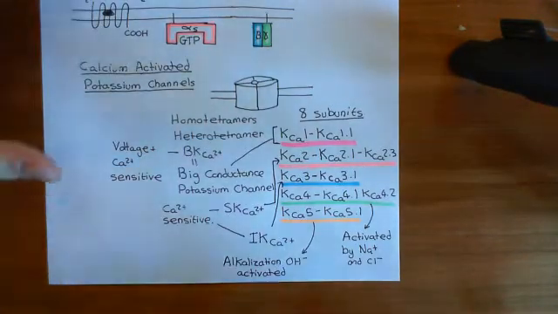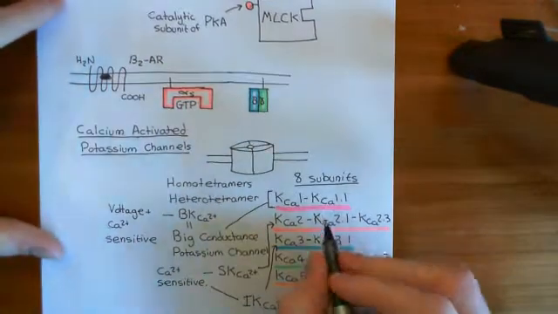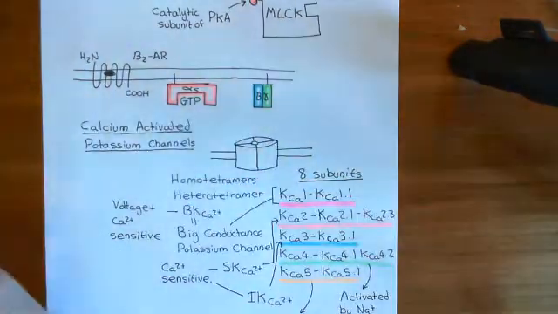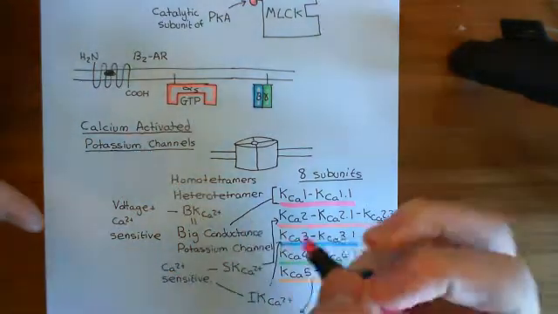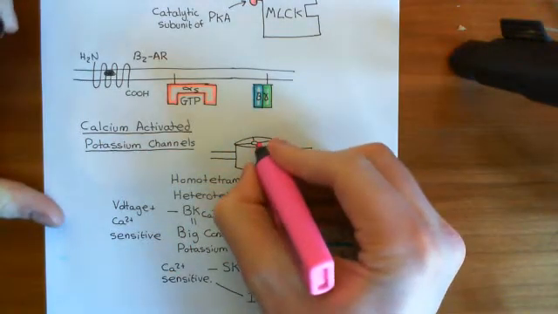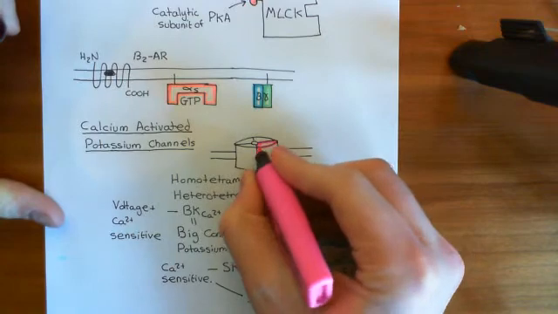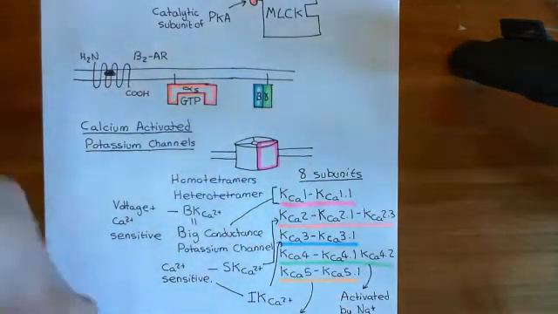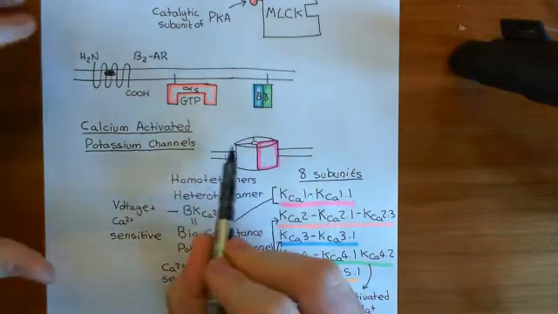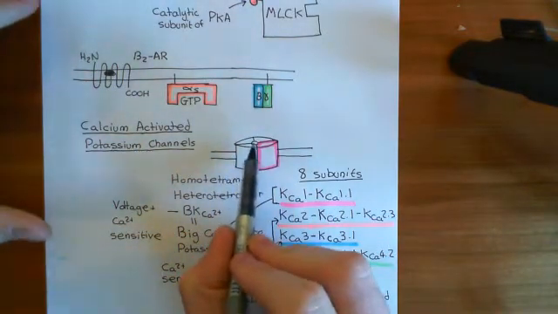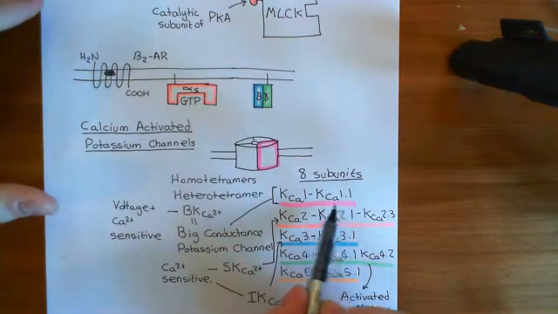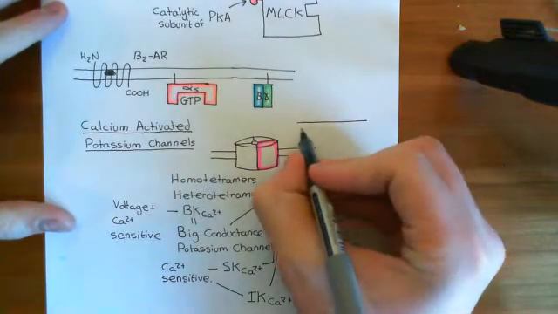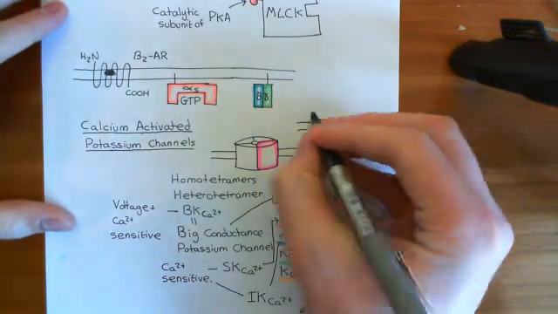So if we look at the structure of a single subunit of the big conductance potassium channel, so if we pull out one of these subunits, and remember a big conductance potassium channel is one where you've used this gene 4 times basically. Yes, you might have different splice variants, but basically all of the different splice variants of this gene have the same membrane spanning topology. So let me now show you that membrane spanning topology.